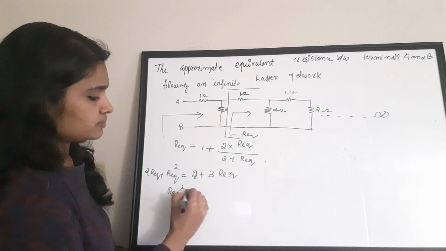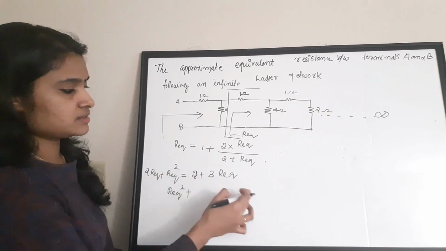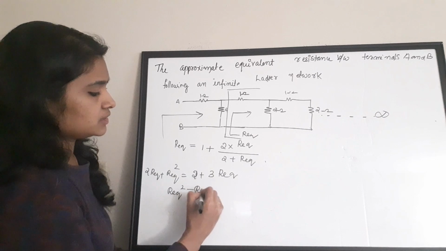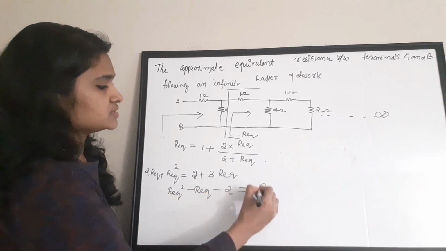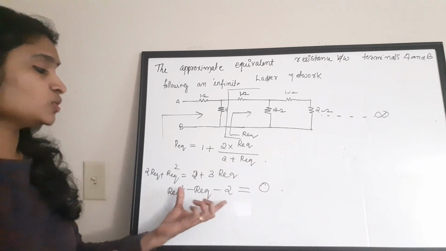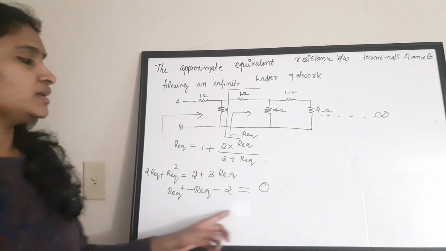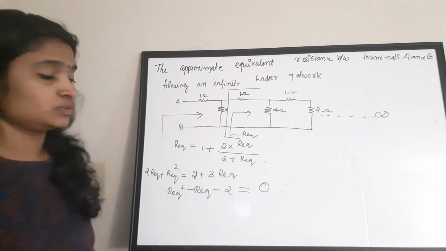Req square plus 2 Req, coming this side, minus 3 Req, minus 2 is equal to 0, that is Req square minus Req minus 2 is equal to 0. This is the equation we are getting. It is a second-degree equation. So you need to find the solution for this equation to find what Req actually is.